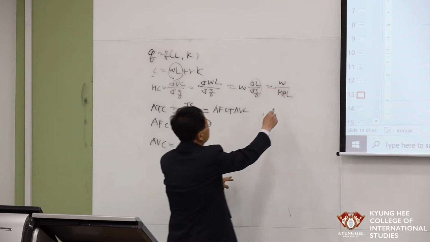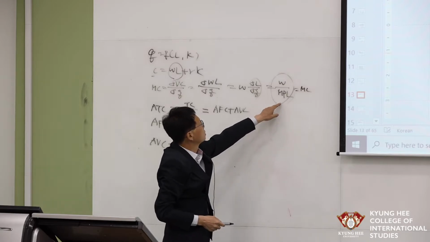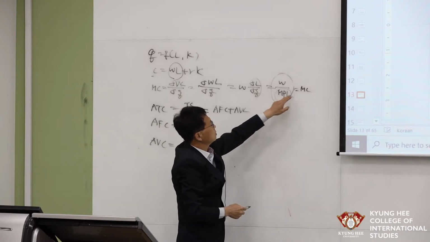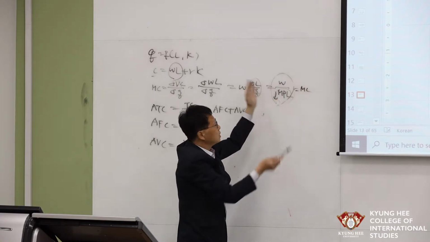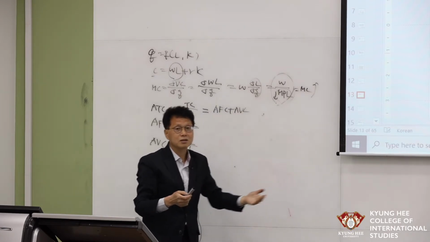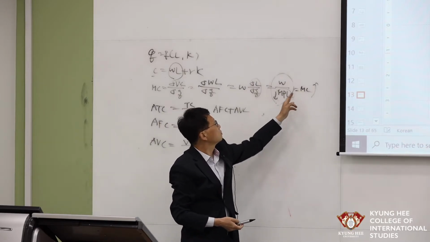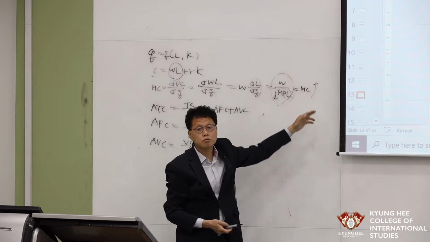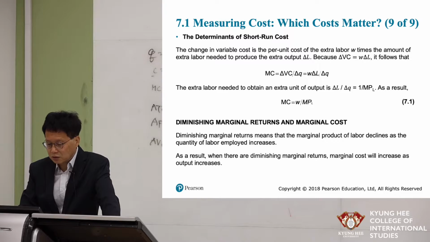In sum, marginal cost is equal to W over the marginal product of labor. So diminishing marginal product of labor means increasing marginal cost, right? Because of this, marginal cost increases as you produce more. As a result, when there are diminishing marginal returns, marginal cost will increase as output increases.